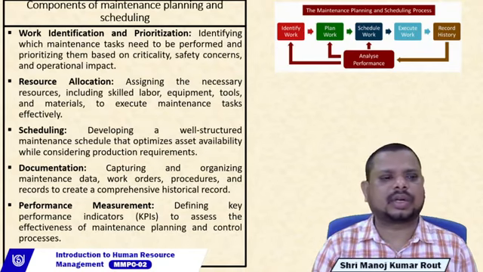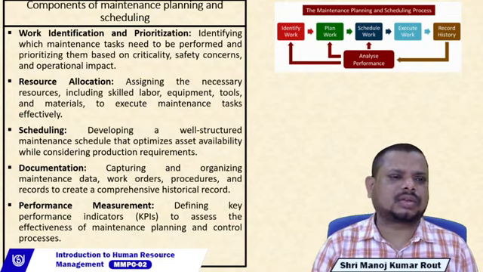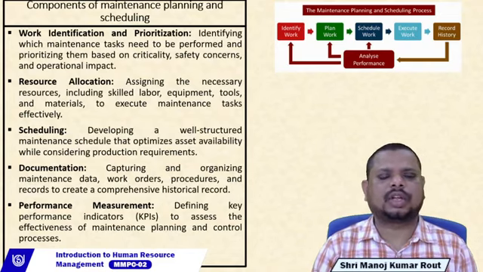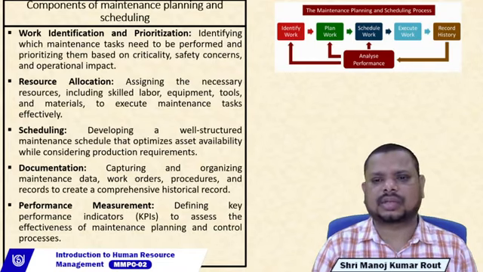The next one is safety concern and the next one is operational impact. Depending upon the situation, the maintenance needs which take higher priority should be identified at the first level.